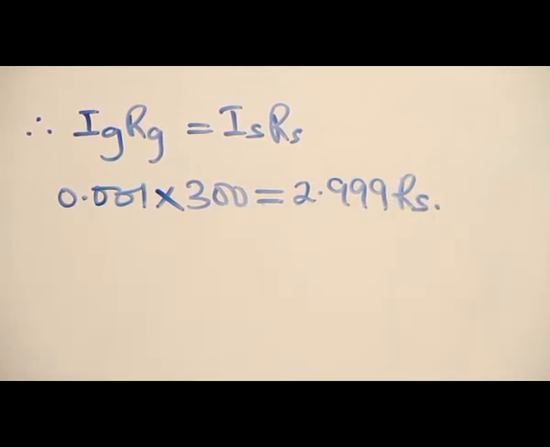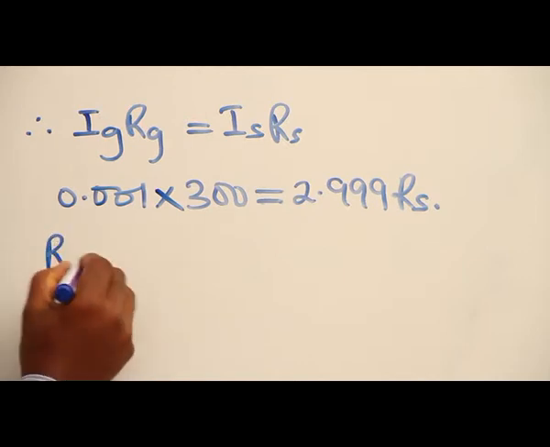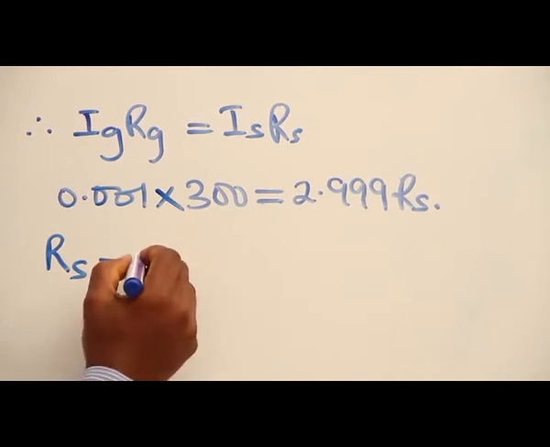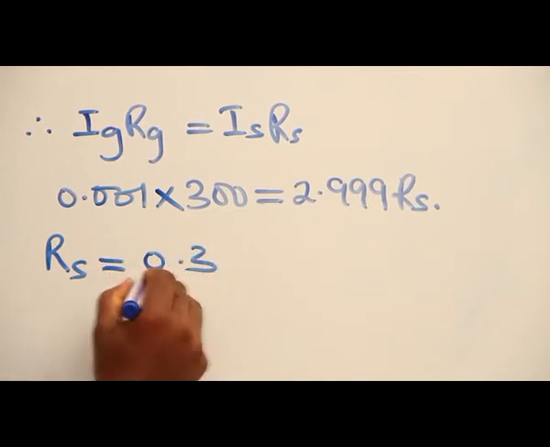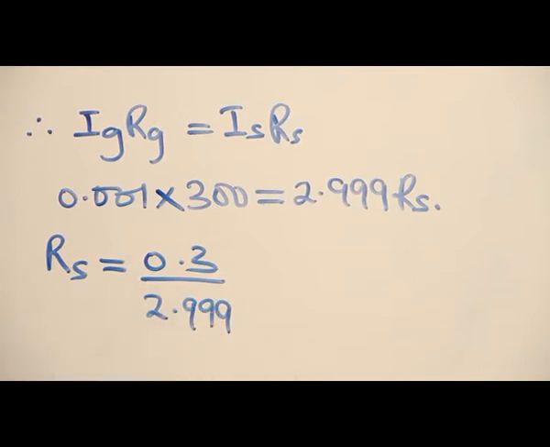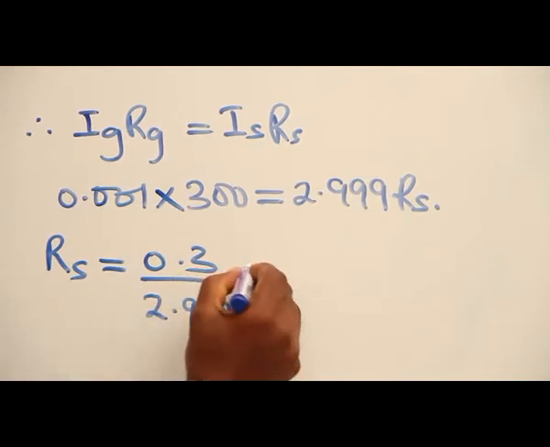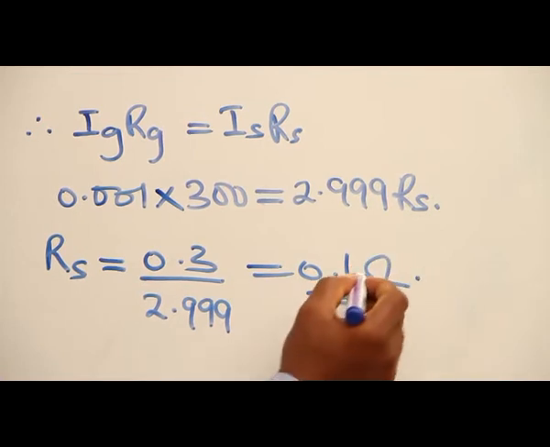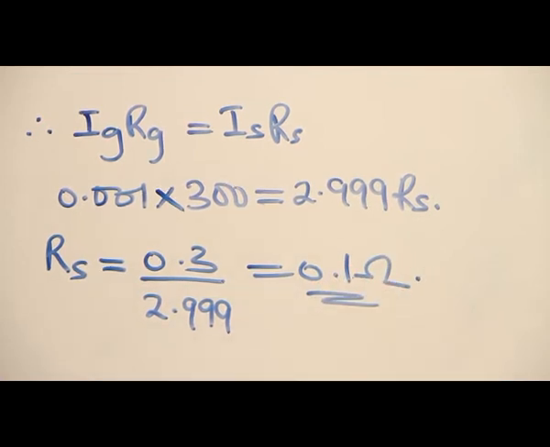From this, we now have the value of the shunt as 0.3 divided by 2.999, which is 0.1 ohms, or 0.1 ohm. That's the value of the shunt required to effect the conversion.